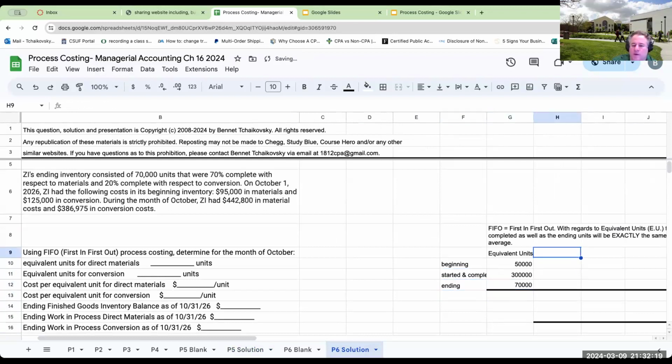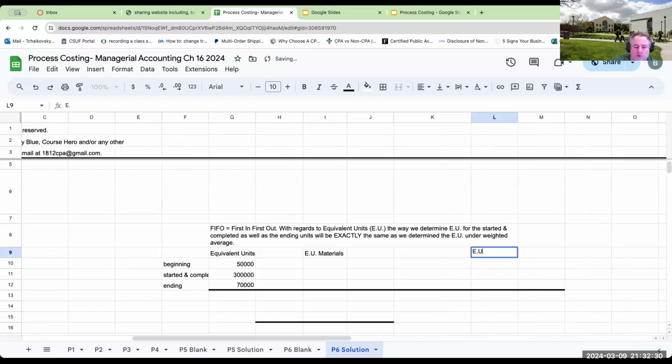Okay, so when we look over here at equivalent units, we have equivalent units for materials and equivalent units for conversion. What is conversion? Conversion is the direct labor and the factory overhead, or the cost it's taking us to take those materials and convert them into a product.